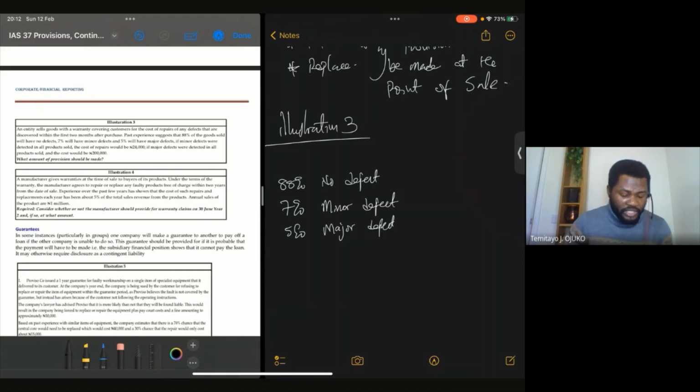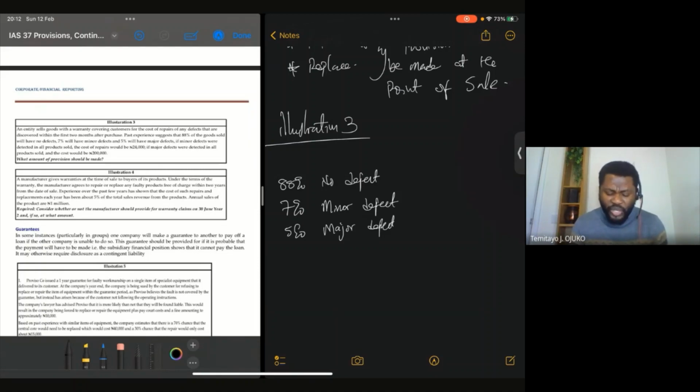If minor defects were detected in all products sold, the cost of repair will be 24,000. If major defects were detected in all products sold, the cost will be 200,000. Okay, so they just gave us the total amount of what was sold. So we are not to bother ourselves too much on the particular unit of what was sold.